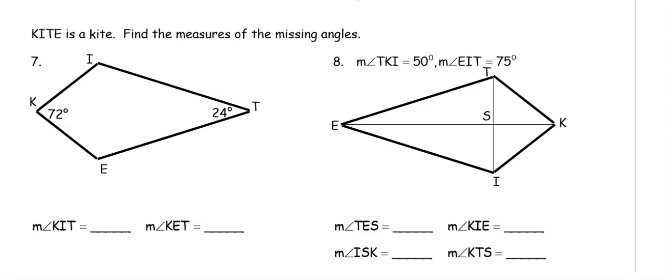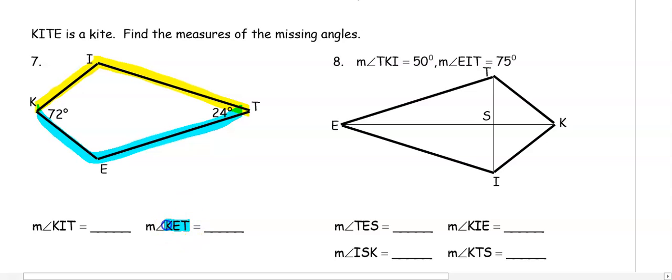KITE is a kite. Find the missing angle measures. So the first angle that we need to find is KIT, and we then also need to find KET. So in a kite, we know that between the different diagonals, those angles are congruent.